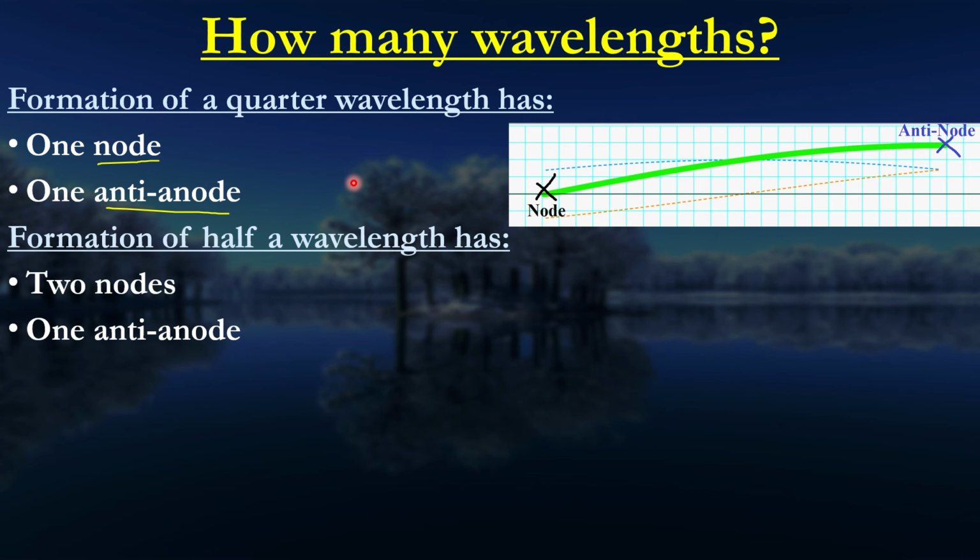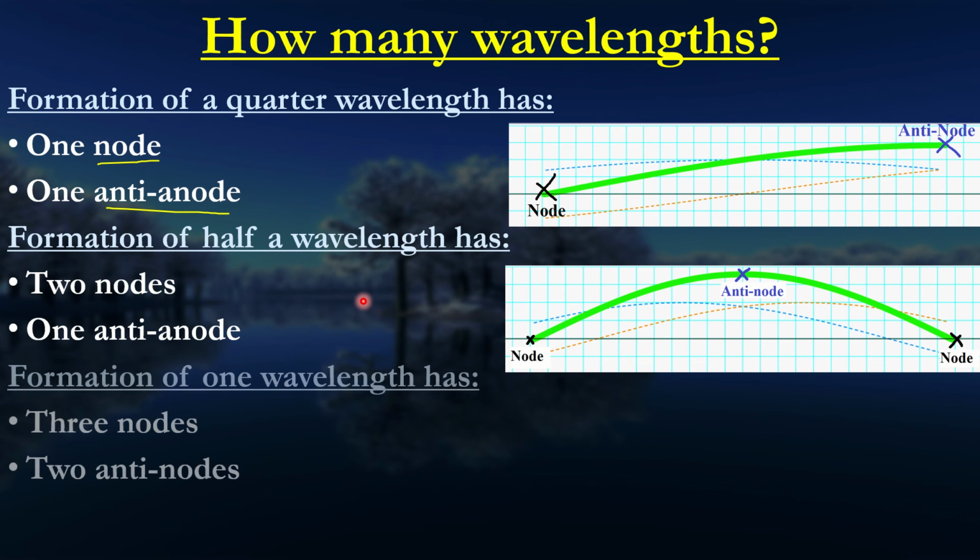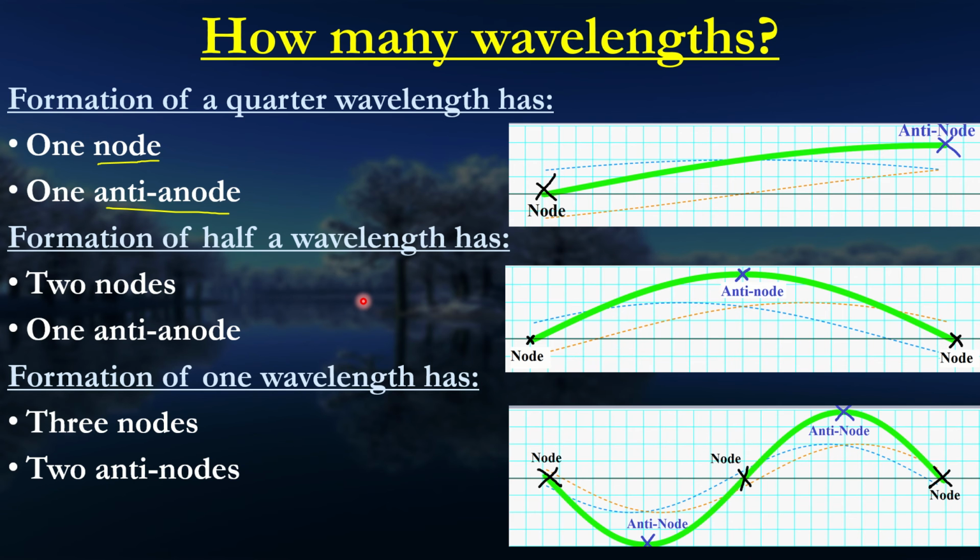If you have a formation of half a wavelength, you should be able to count 2 nodes and 1 antinode. So this is a half a wavelength. The formation of 1 wavelength would have 3 nodes and 2 antinodes. So that is what a wavelength is. So if you're able to do that counting, then that's a wavelength that you're dealing with there. Okay, so keep that in mind.